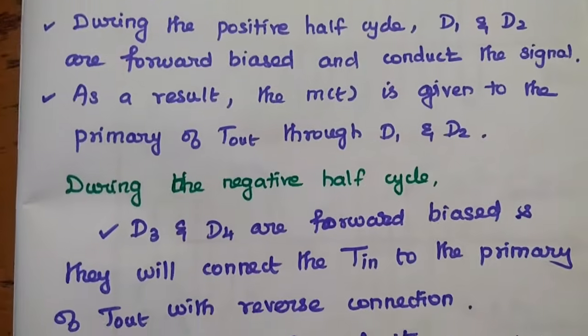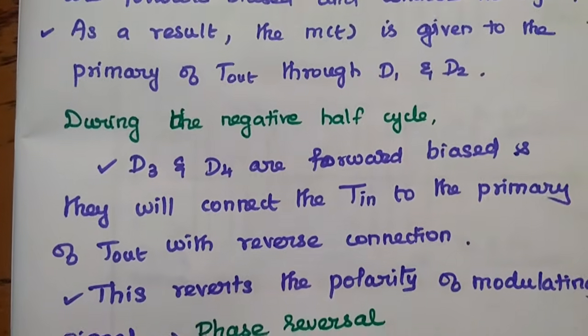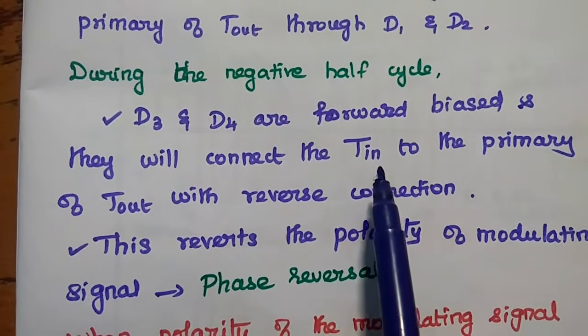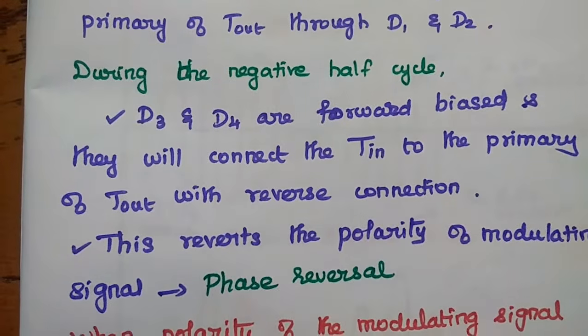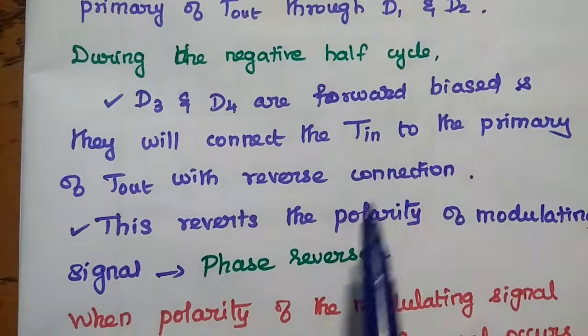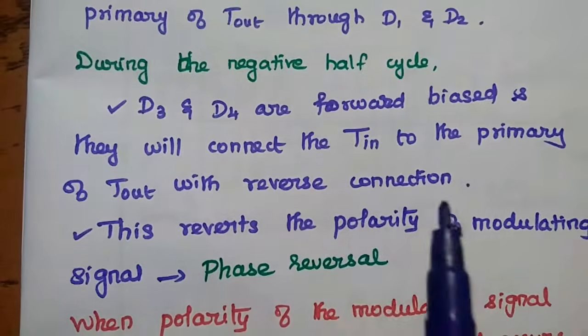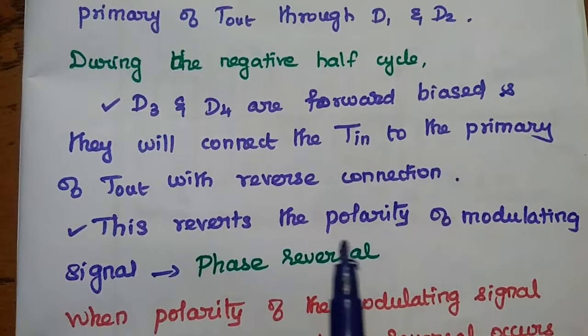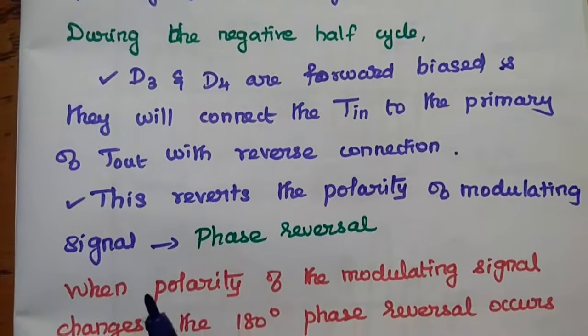During the negative half cycle, D3 and D4 are forward biased and they connect the input transformer and output transformer with reverse connection. This reverse connection reverses the polarity of the modulating signal. That is called phase reversal.